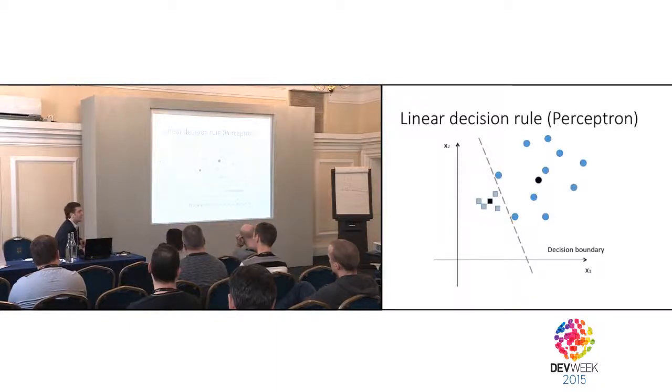It can find such values of these coefficients that determine the position of this line, such that the number of mistakes that the classifier makes gets as small a value as possible. And now I can show you how it works.